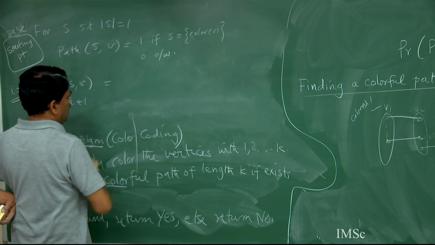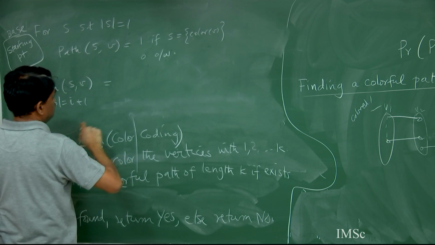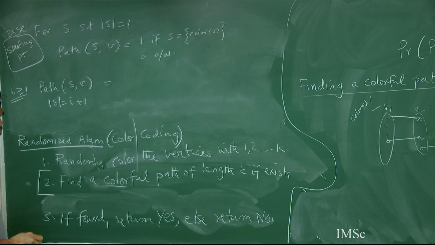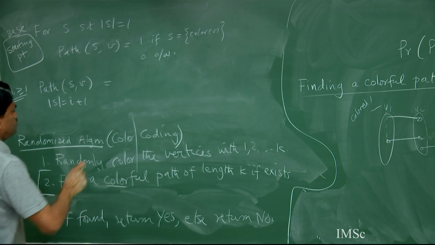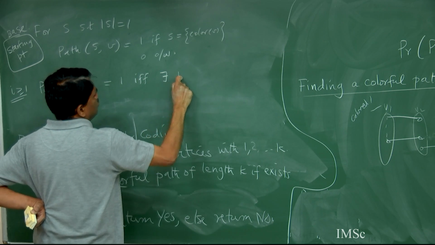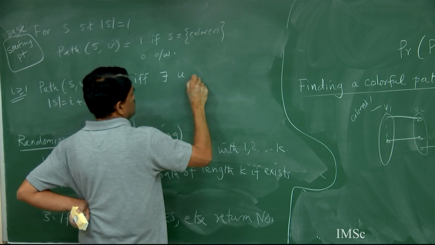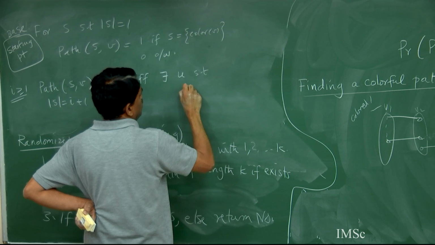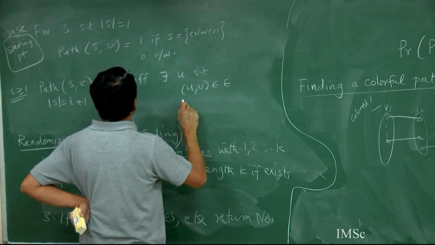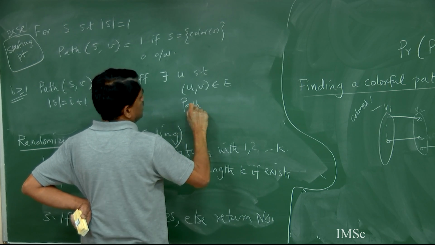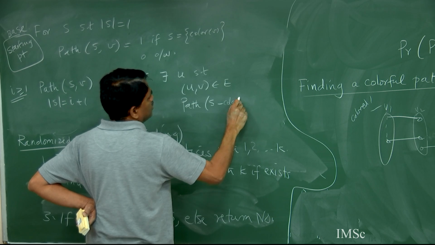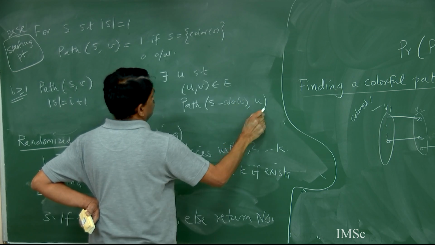Yes. path(S, V) is 1 if and only if there exists a U such that UV is an edge and there is path(S minus color of V, U).